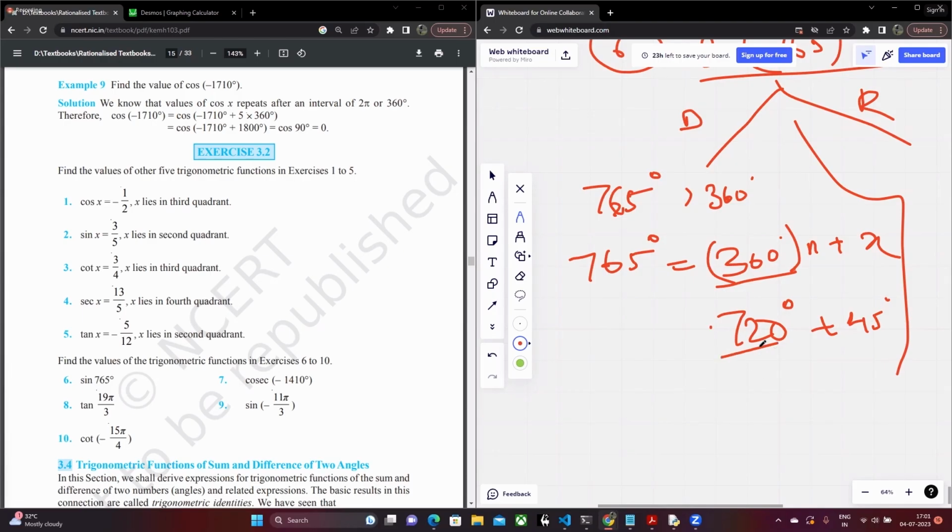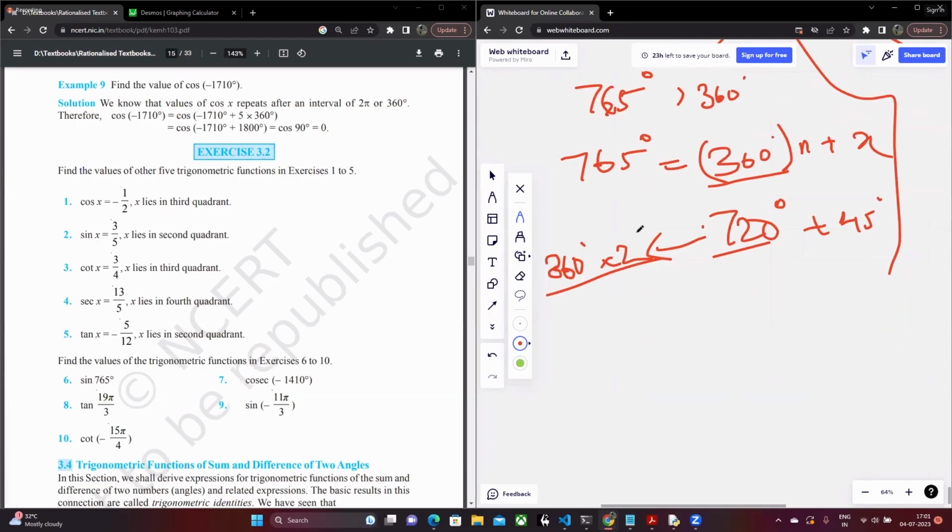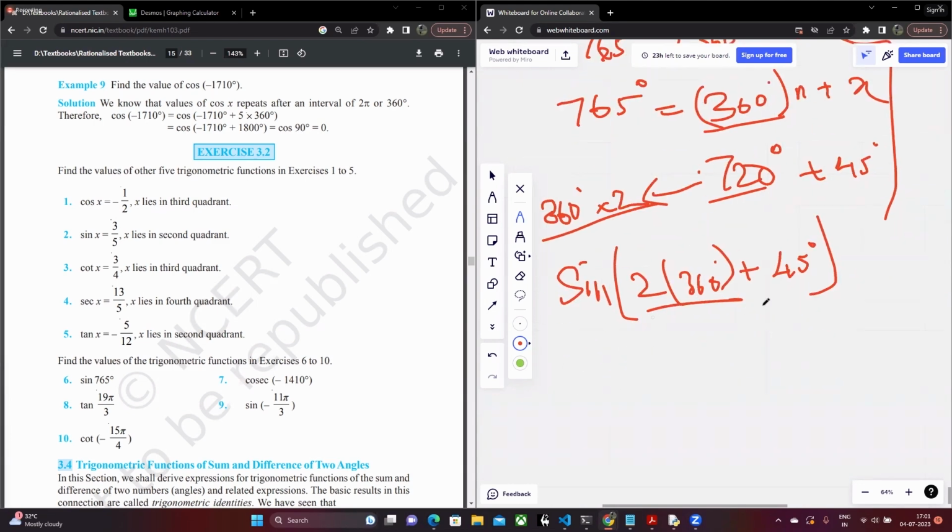Right. And 720 is basically 360 into 2. So I can write this as sine of 2 times 360 degrees plus 45 degrees, right? Since sine of 360 plus theta is sine theta, that means that I can just basically ignore this off. This is equal to sine of 45 degrees.